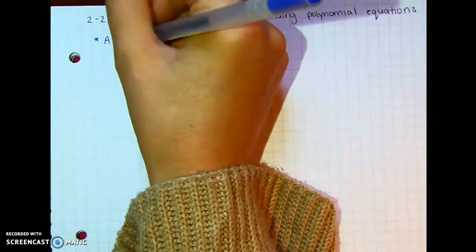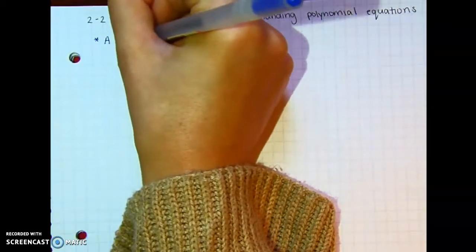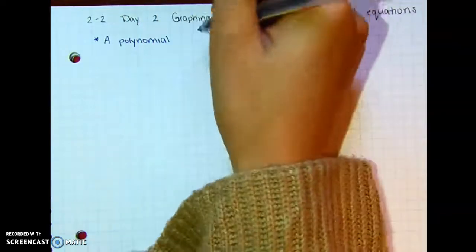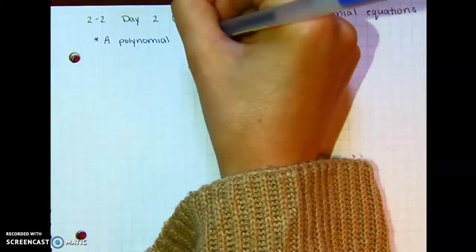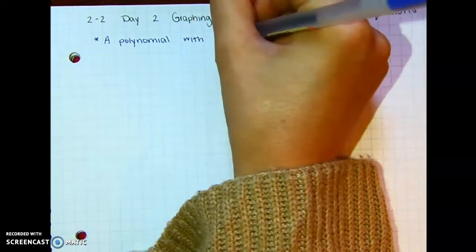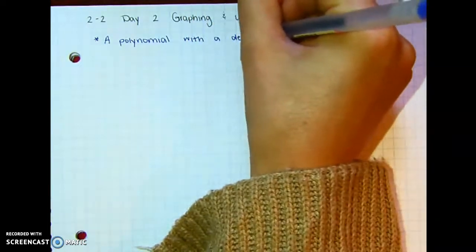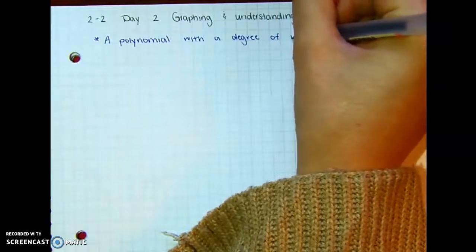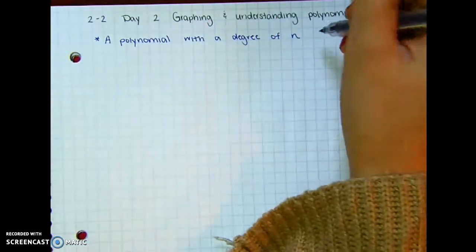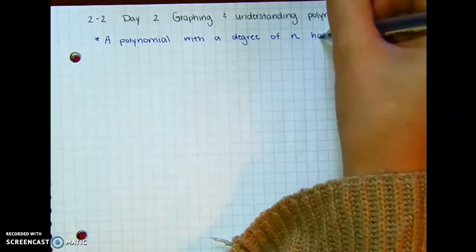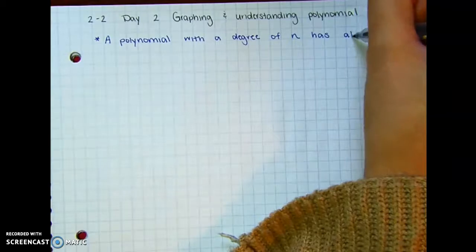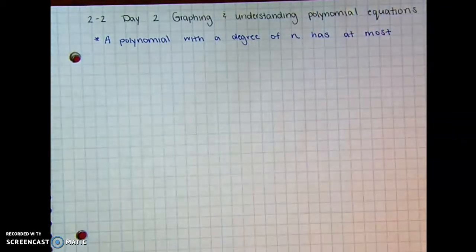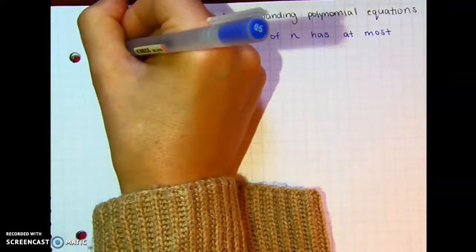So a polynomial with a degree of n has at most n real zeros.